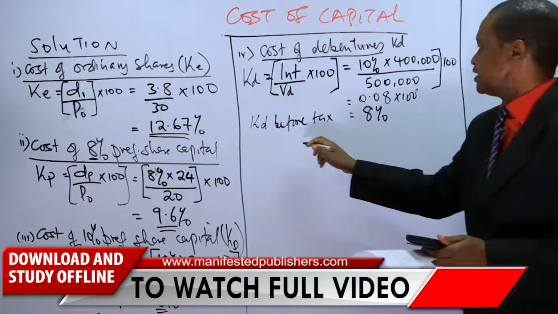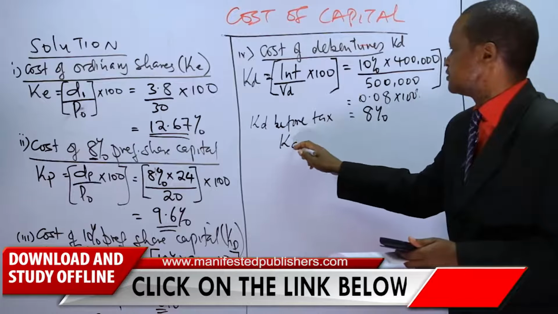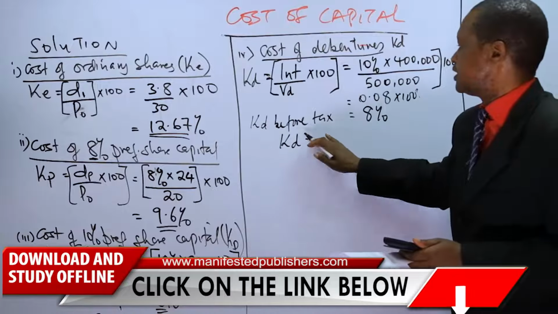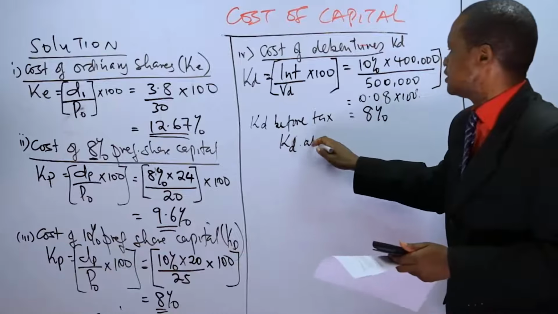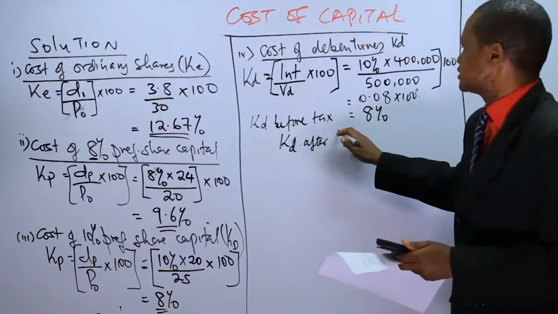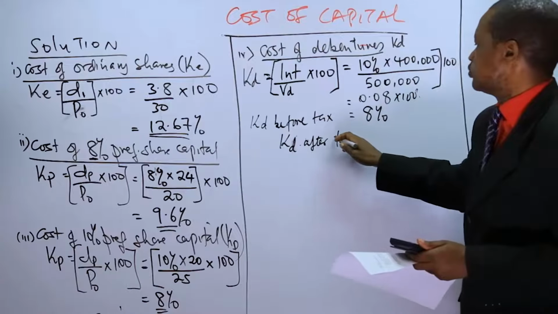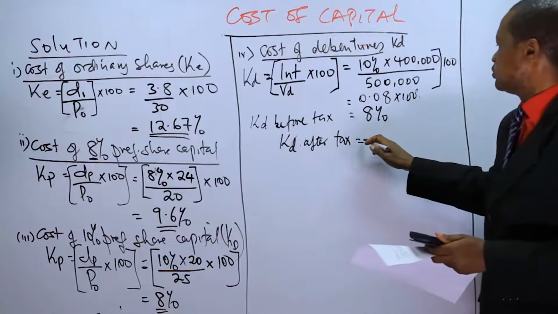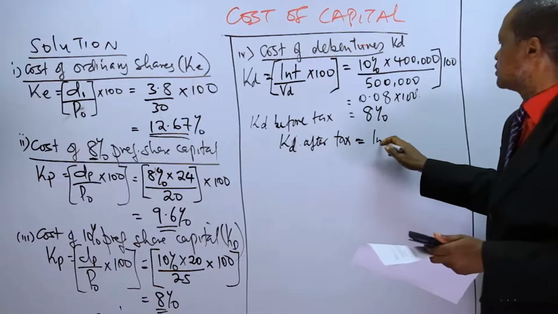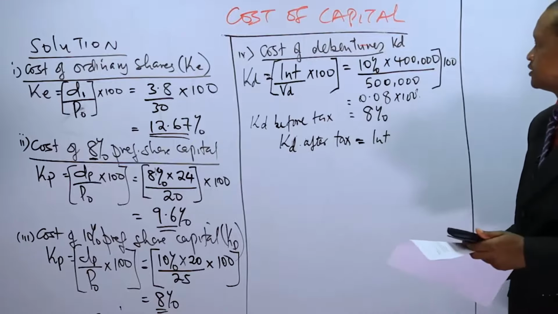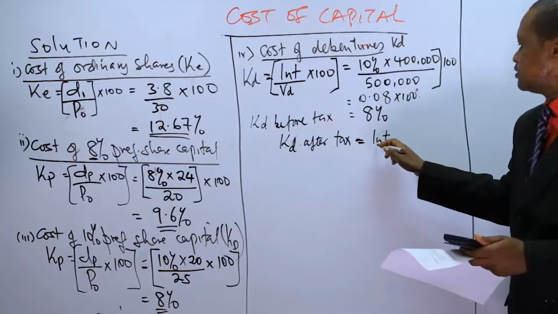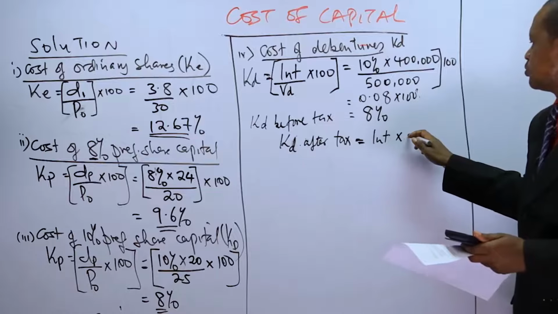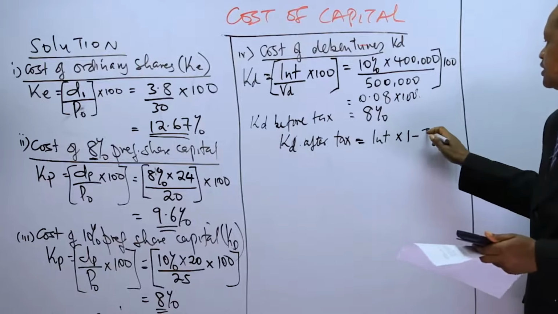So KD after tax will be equal to interest times 1 minus T.